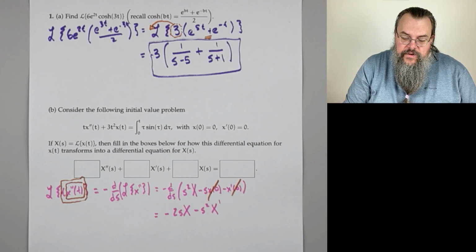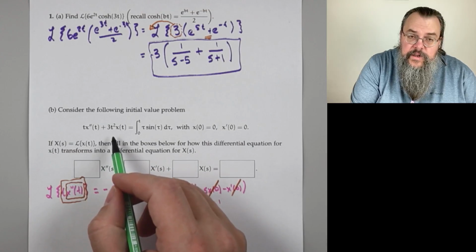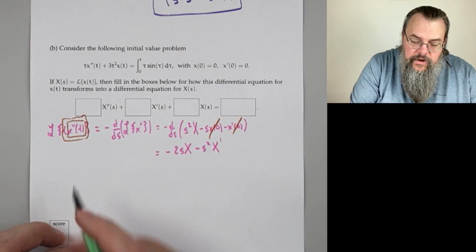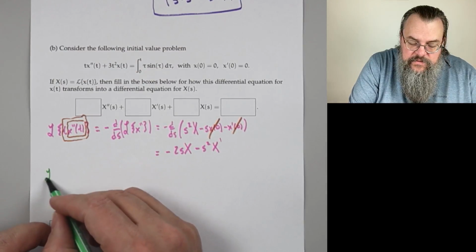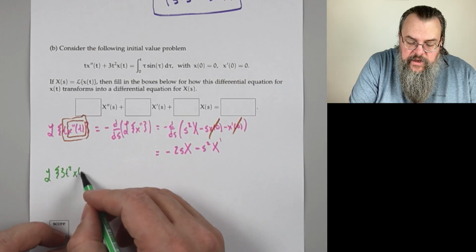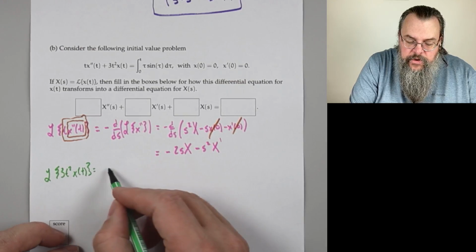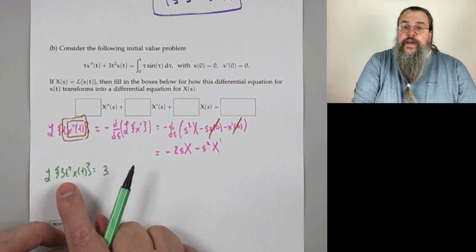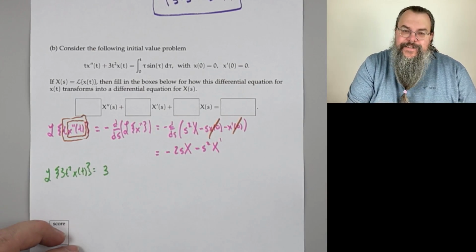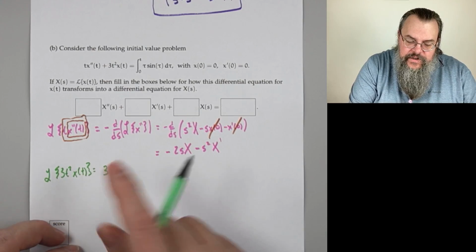All right, so on to the next term. Okay, so now we have Laplace transform of 3t squared x of t. Well, the 3 comes out. I say, okay, t squared. Do we know how to handle that? Yes. Similar to how we do the t, right? There's layers here.